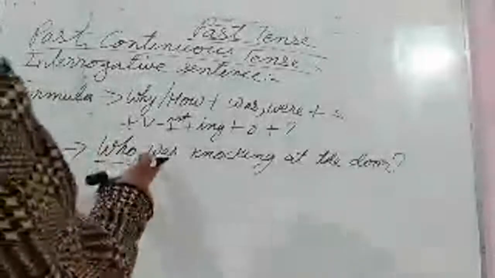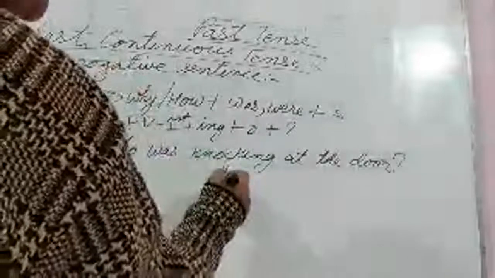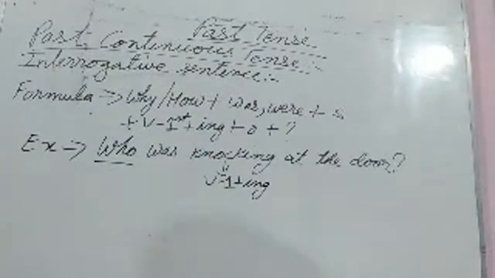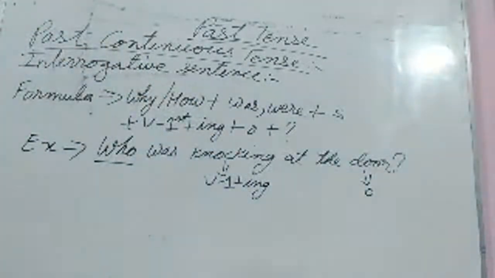Here who, as the question is asked; was, as the sentence is in the past tense; knocking is your verb of first form plus ing, as it is in the continuous tense; at the door, door is your object.